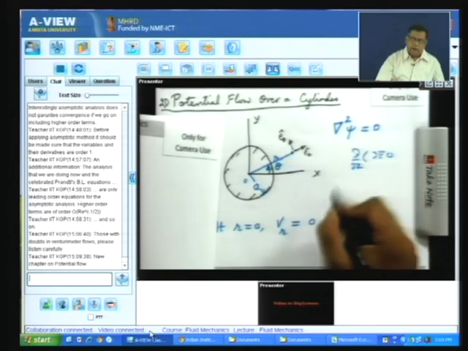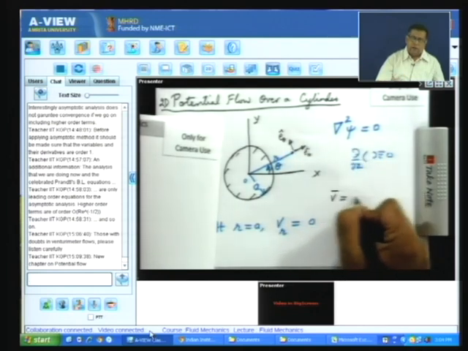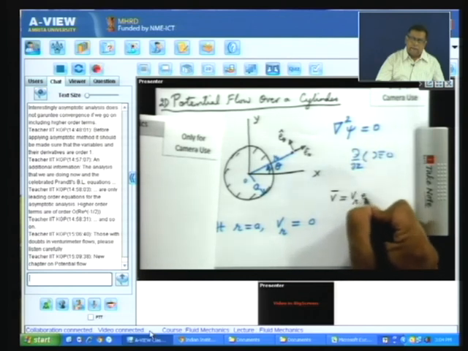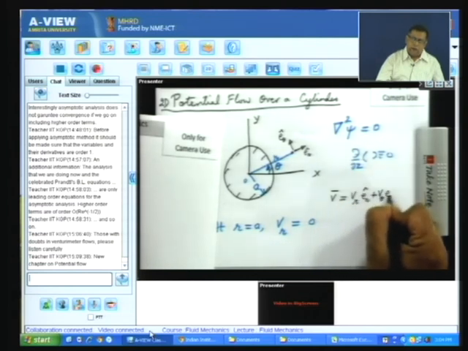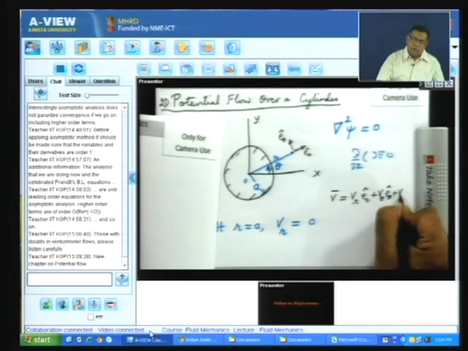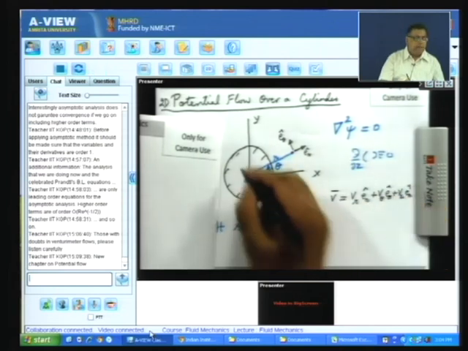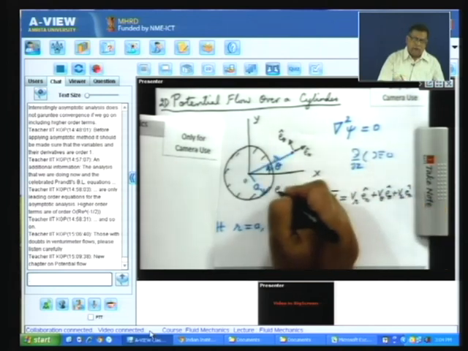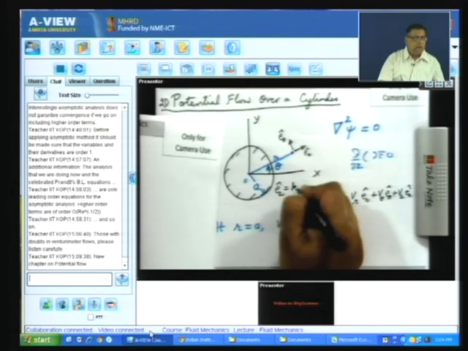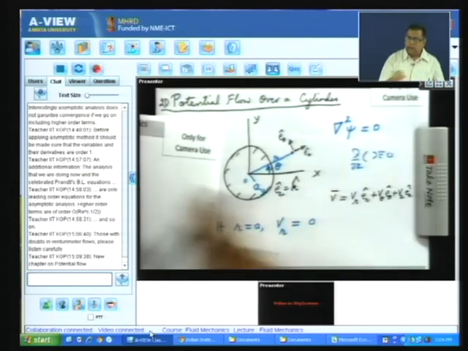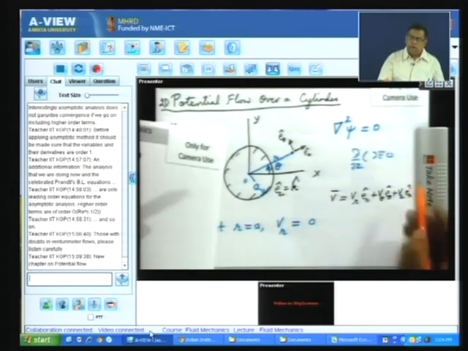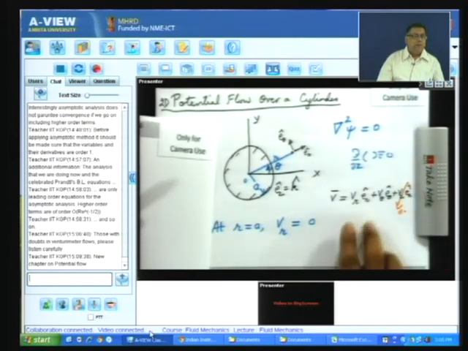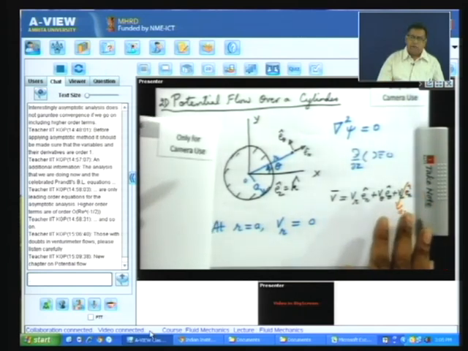So, the velocity vector I can write as v r e r plus v theta e theta plus v z e z. e z is the same as what we were earlier calling k. Now, it is a 2D flow, so for this case v z is 0. For a flow in the x y plane, you can either use the v x, v y components or the v r, v theta components.